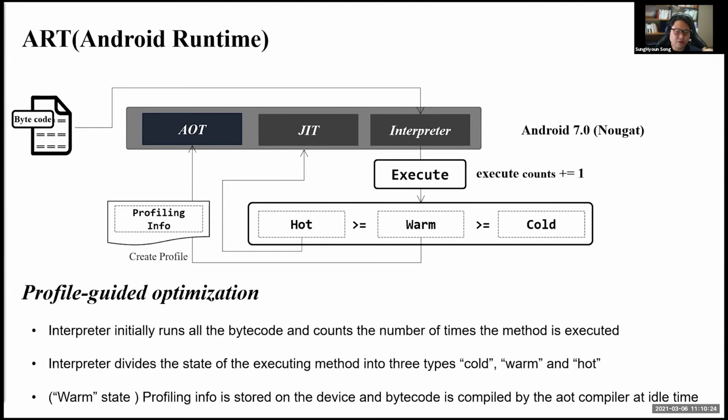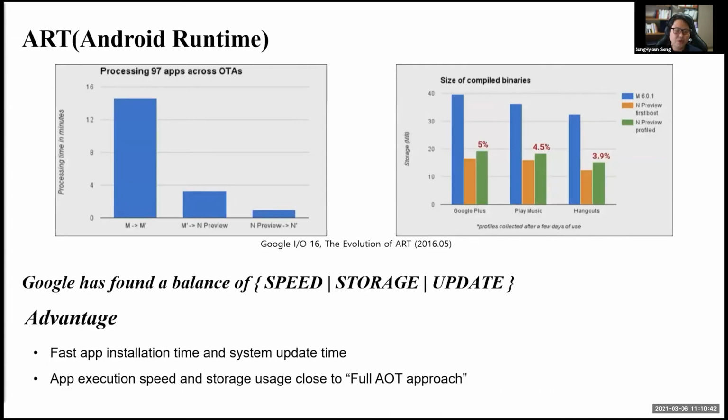As I explained earlier, the old compilation method converted all bytecode into native code and stored it regardless of the usage pattern. It slowed down the update and installation and required more space. But now we have profile guided optimization that selectively creates native code for the features frequently used.